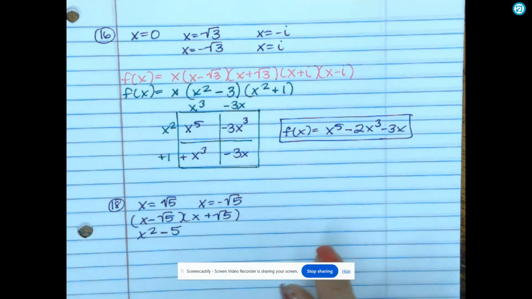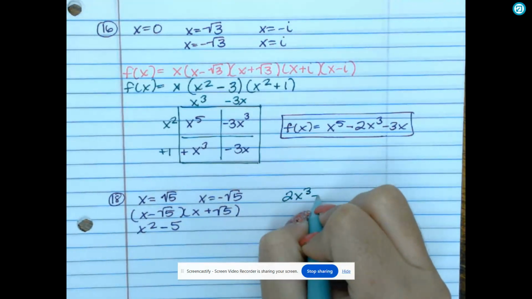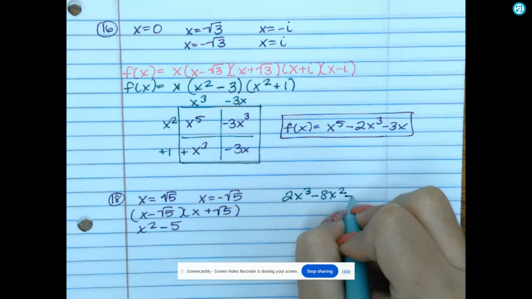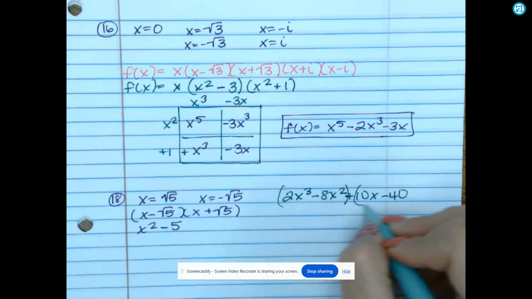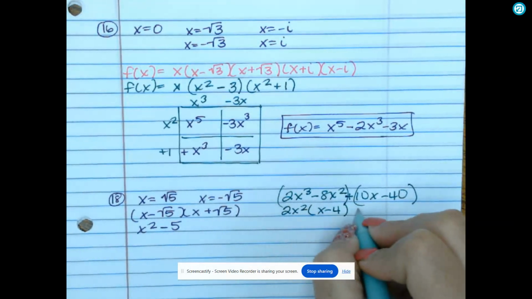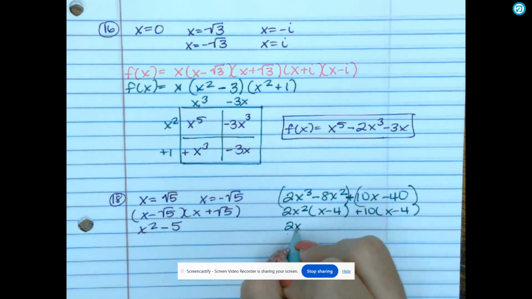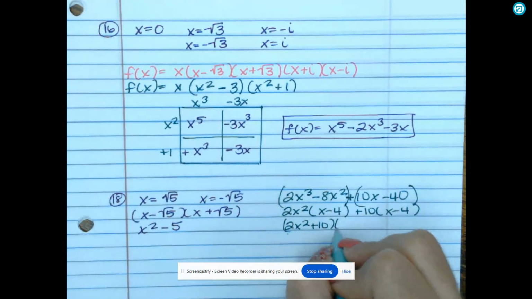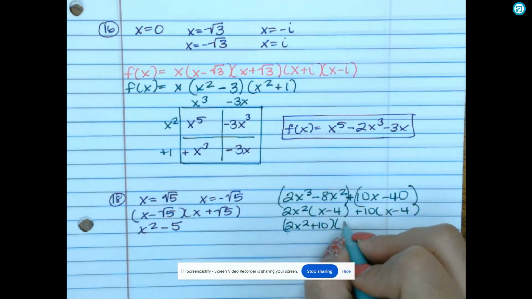So if you divide, you would end up getting, if I did factor by grouping, because I know a lot of y'all weren't great on that, I would group these together, I would group these together, I would factor out a 2x squared and a 10. So then my factors will be 2x squared plus 10 and x minus 4.